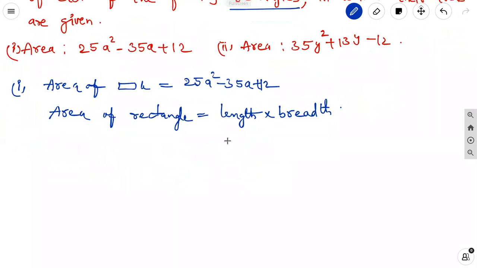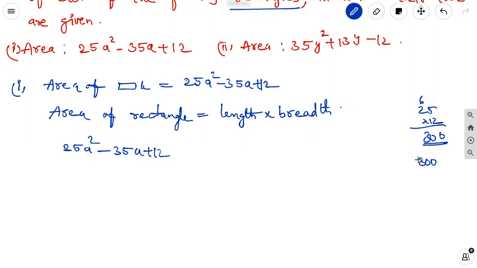Here we take 25a square minus 35a plus 12. 25 into 12: 12 5s are 60, 12 2s are 24 plus 6, 300. 25 12s are 300.